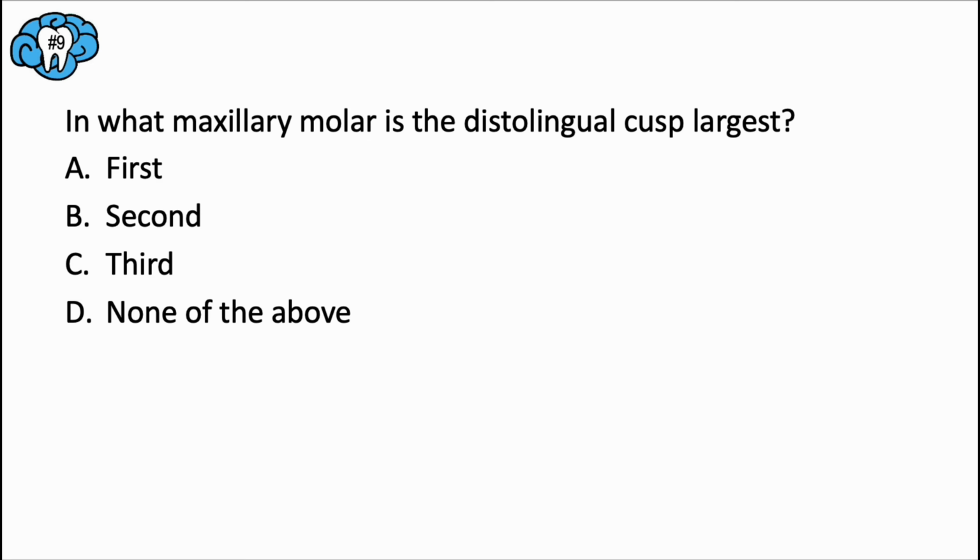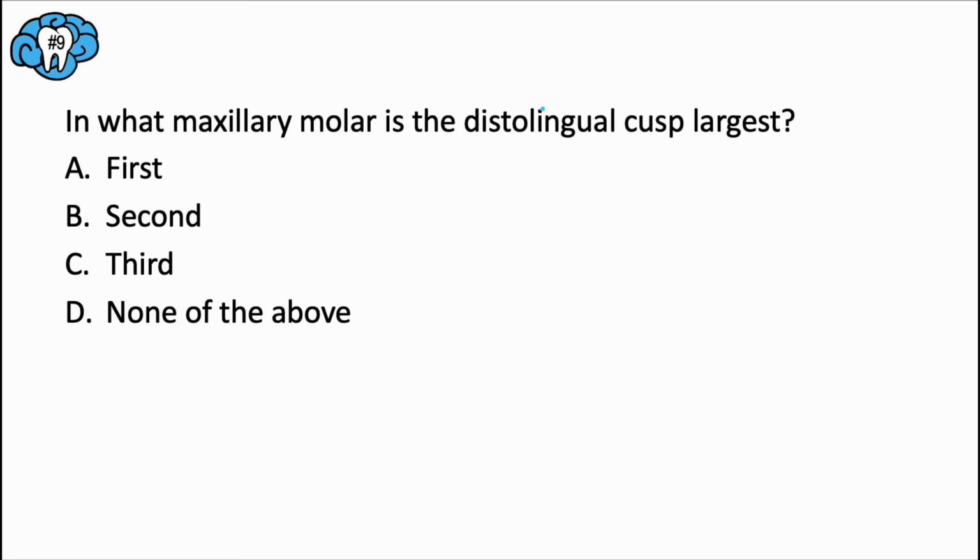So this question tests your knowledge of the general patterns and trends that we've mentioned throughout the series. Besides the cusp of Carabelli, and sometimes the distofacial cusp as well, the distolingual cusp is the next smallest cusp for all of the maxillary molars.